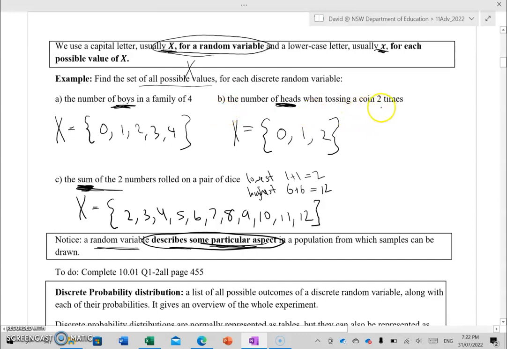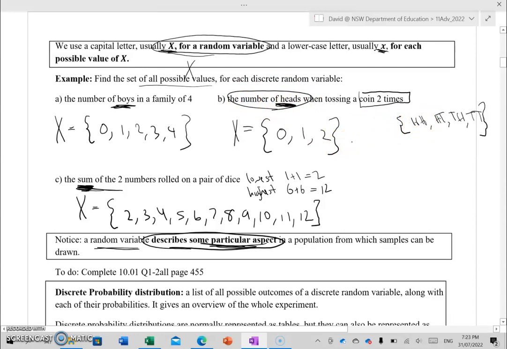It's different to the sample space in the previous chapter. For example, if I was tossing a coin 2 times, you would consider all options like head head, head tail, tail head, and tail tail as the sample space. But here our sample space for our discrete random variable is looking at a particular feature, the number of heads. So it could be 0, 1, or 2.